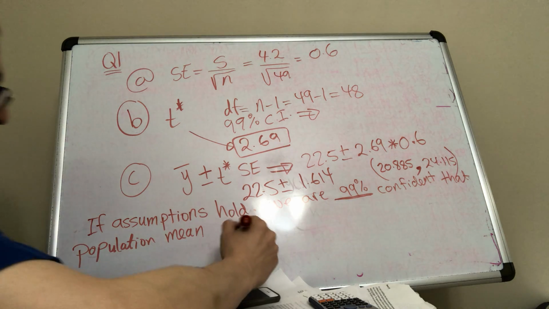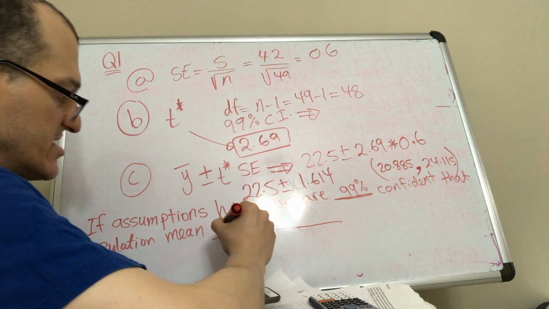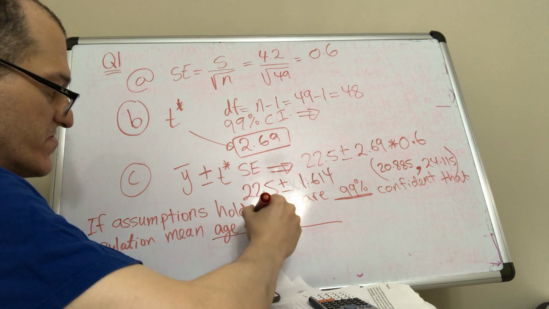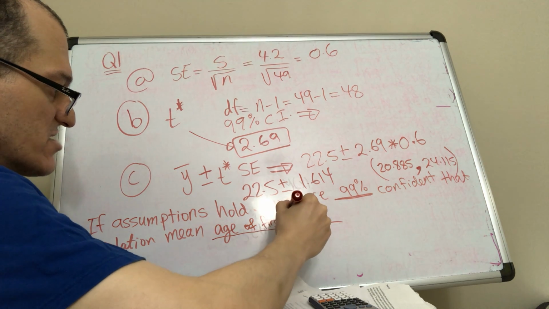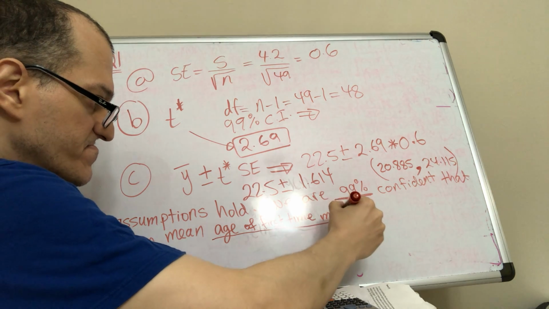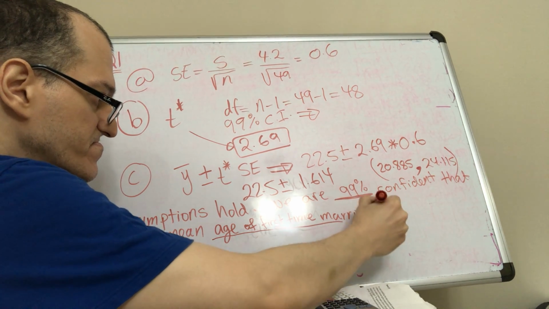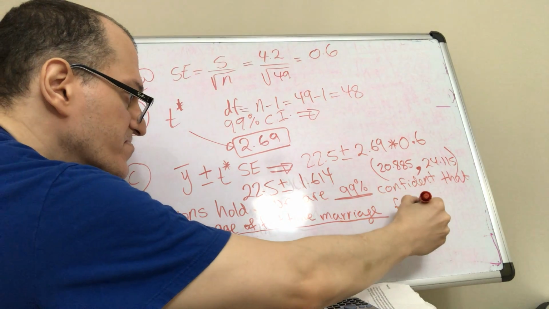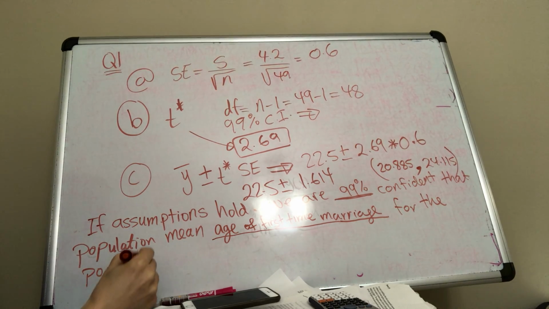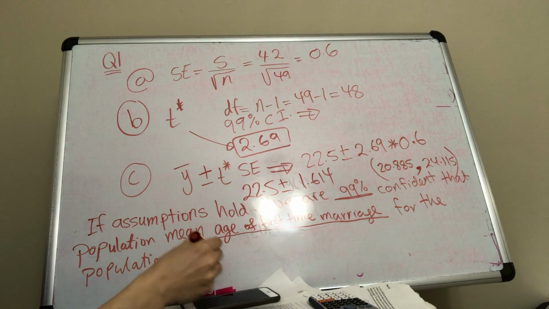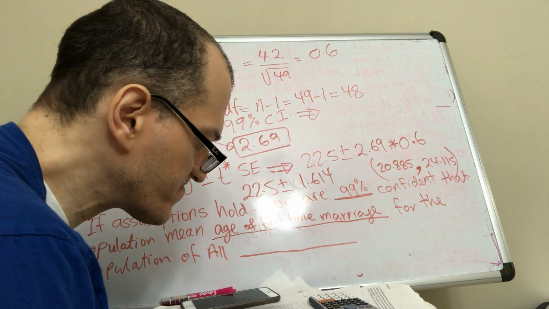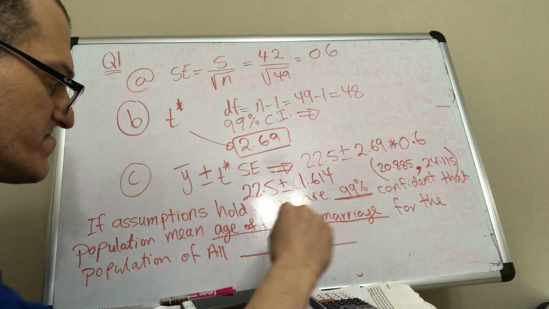So population mean age of first time marriage for the population of all women.